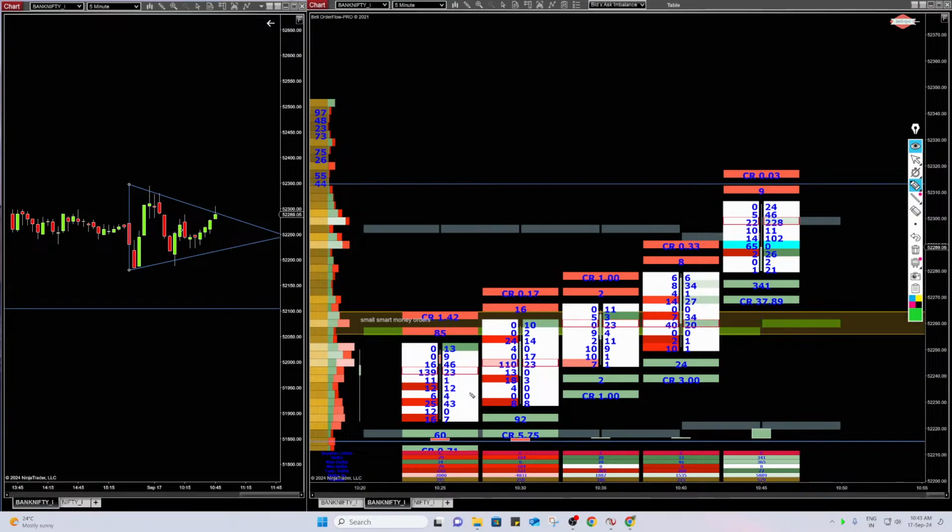Candle closing is very important. So let us wait for the closing of the candle.